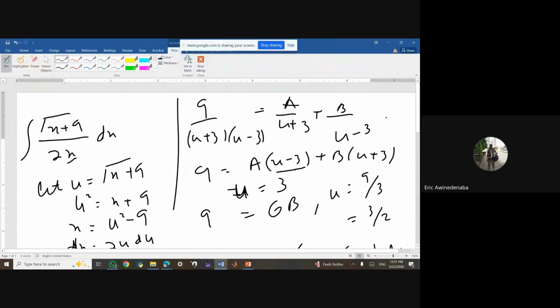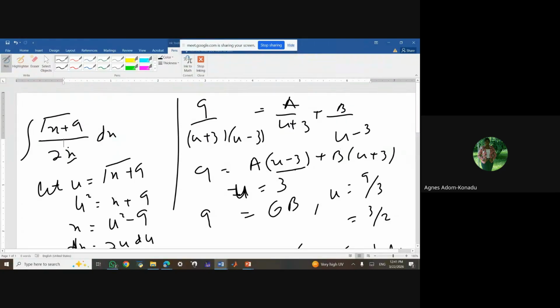Okay. So we said we want to substitute, so this is the substitution method. In place of this, I want to replace the top one by u. So it means that the denominator I have to change as well.